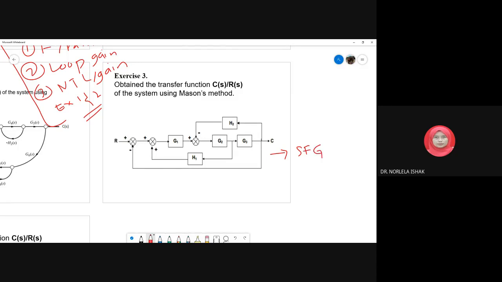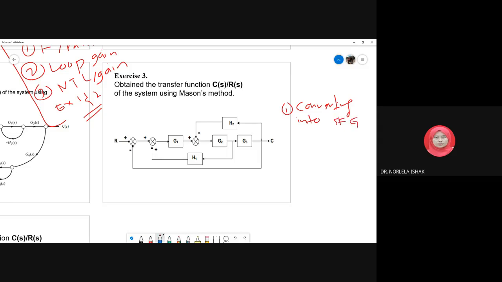From the signal flow graph, you have to define, okay, hold on. First you have to convert into signal flow graph.